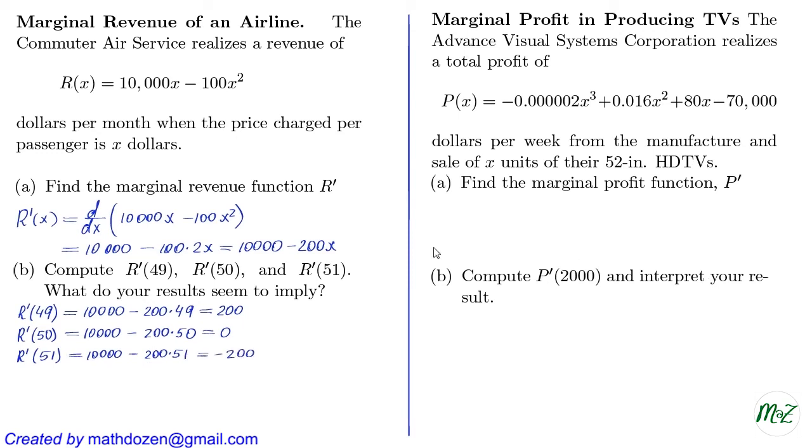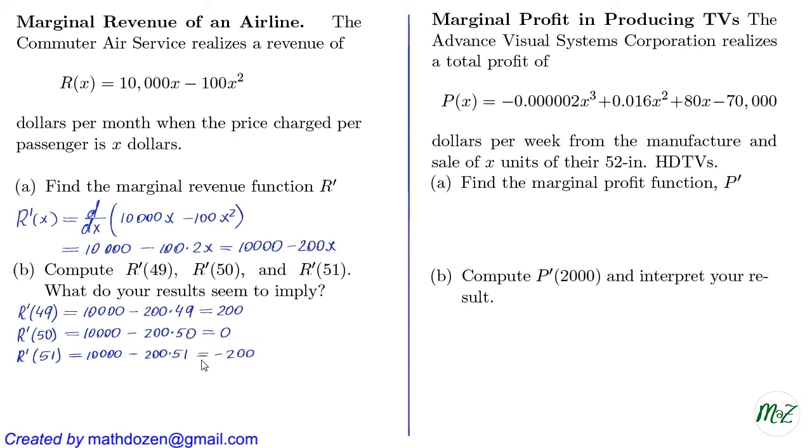So what does marginal revenue mean in this context? It means the amount of revenue that we will bring in if we increase the price of the ticket, if we increase x, which is the price, by $1. And those calculations suggest that at the price of $49, if we increase it, we expect to bring in $200 more. At $50, if we increase the price, we expect to bring in nothing.